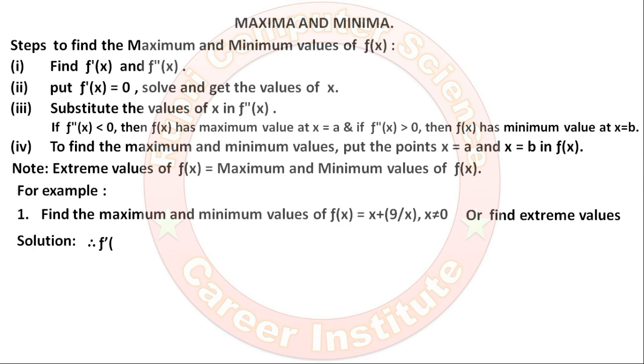Since f(x) is equal to this, now given, first we find the first order derivative. That is, f'(x) is equal to what? Therefore f'(x) is equal to d upon dx of (x plus 9 divided by x), right?